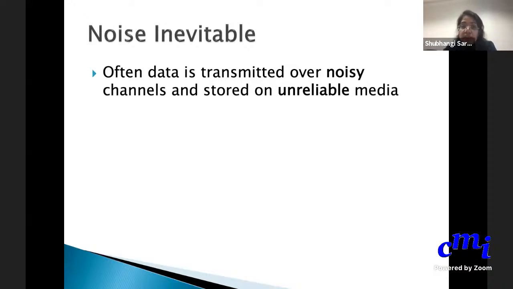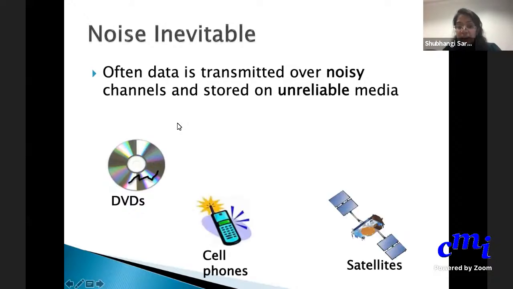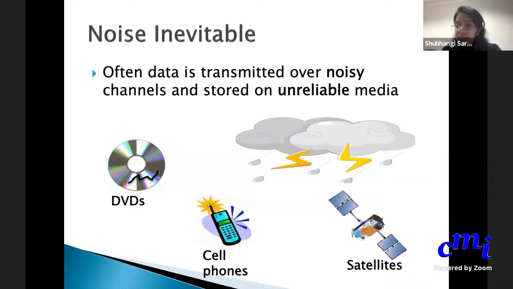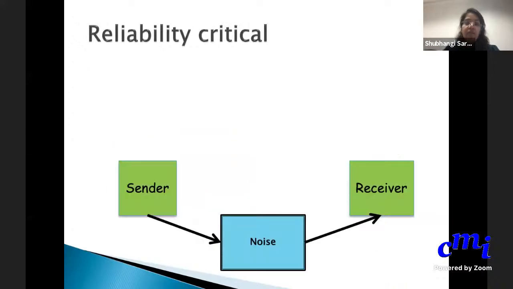When data is transmitted, it's often over a noisy channel, or the medium it's stored on is unreliable. For instance, a DVD over time might develop a scratch, or if you have communication over cell phones and satellites, there may be external reasons for which errors get introduced.